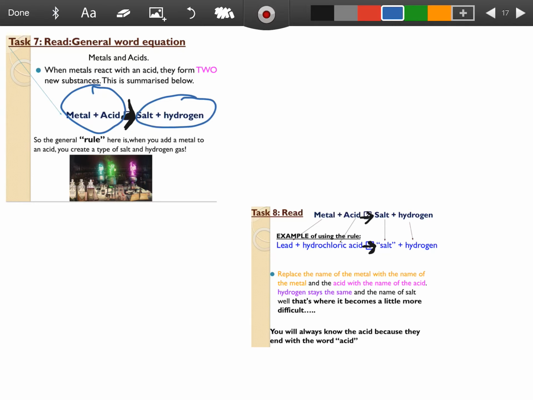So for example, as you can see here, I put an example of a metal and an example of an acid. So all you do is you replace the name of the metal with the metal you want to use, and the acid. You're always going to know the name of the acid because the end word says acid.